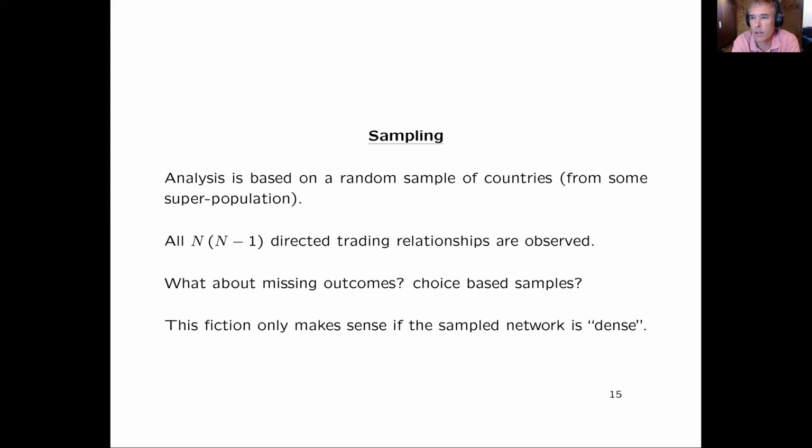So we really are imagining that we're in a world where each agent meaningfully interacts with all other agents in the underlying population, which doesn't characterize many networks. And you can imagine other sampling schemes where that would themselves create interesting economic questions.